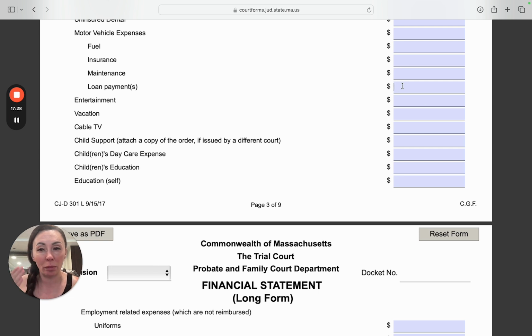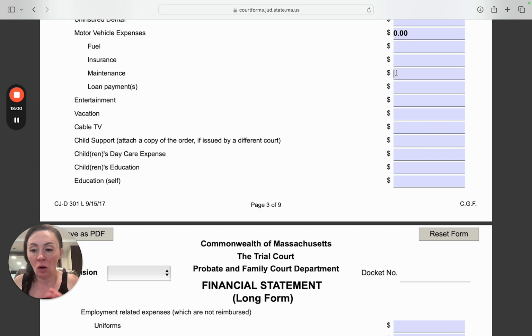Outside of those 4 buckets, there really isn't anything motor vehicle expense related. If you've got a car and you're paying expenses, it's in one of these 4 buckets. So this line here for motor vehicle expenses, it really makes no sense. What you want to do is put 0 there and then break it down for your weekly gas, your weekly insurance. Again, insurance monthly expense, divide it out.